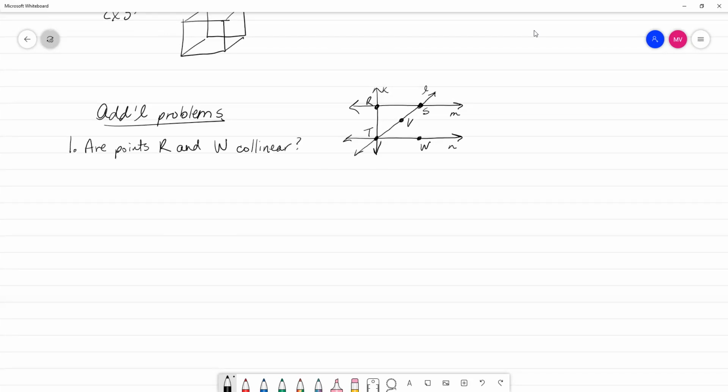All right, so we have R up here, the intersection of M and K. We have W down here on line N. So are they collinear? Now remember, a line can be drawn through any 2 points. So just because we don't have a line here doesn't mean that those 2 aren't collinear.